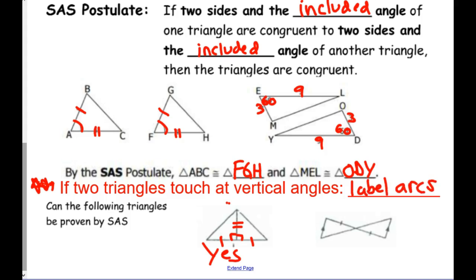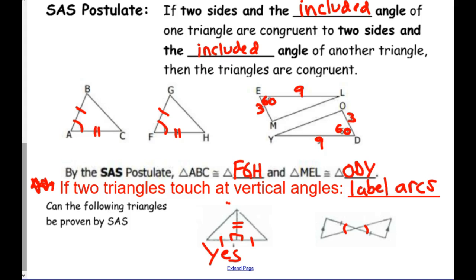You label equal angles. So here's what I mean. Since I have an X right here, I'm going to put an arc and an arc. Okay? So arc here, arc here. Every time you see an X, you got to put the arcs.